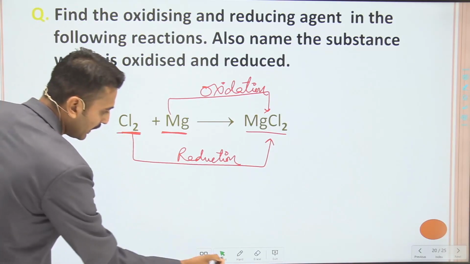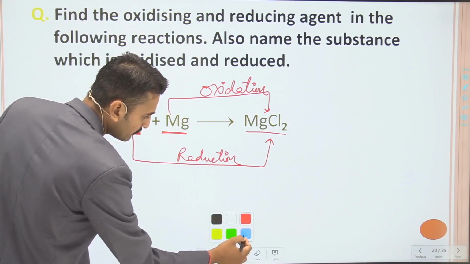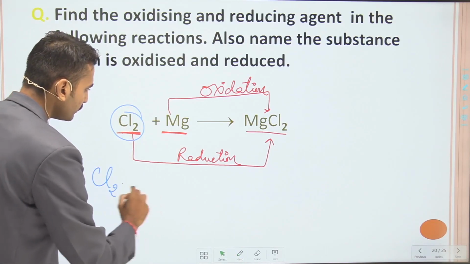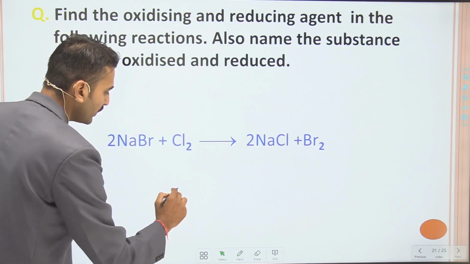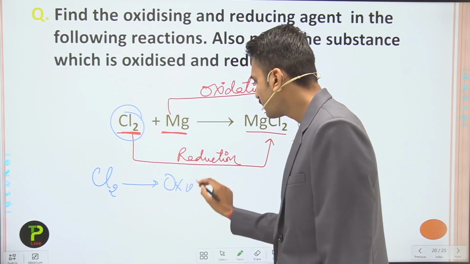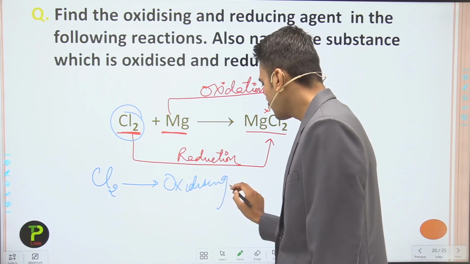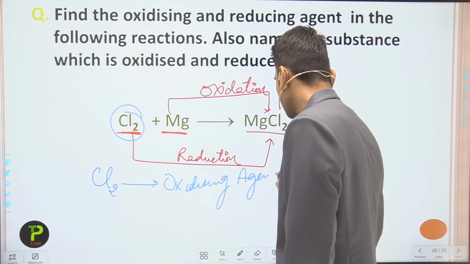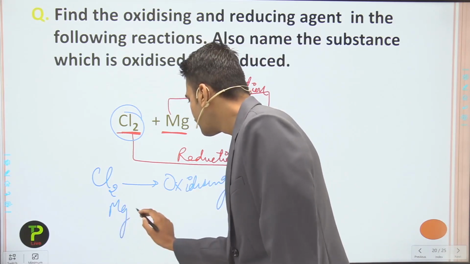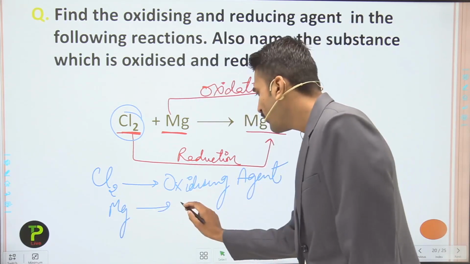So chlorine will be acting as oxidizing agent, while magnesium will act as reducing agent.